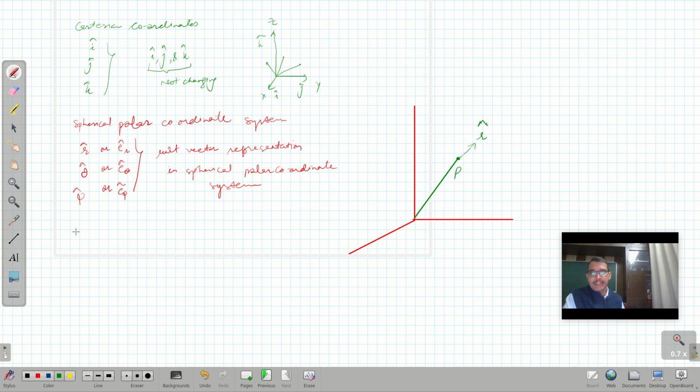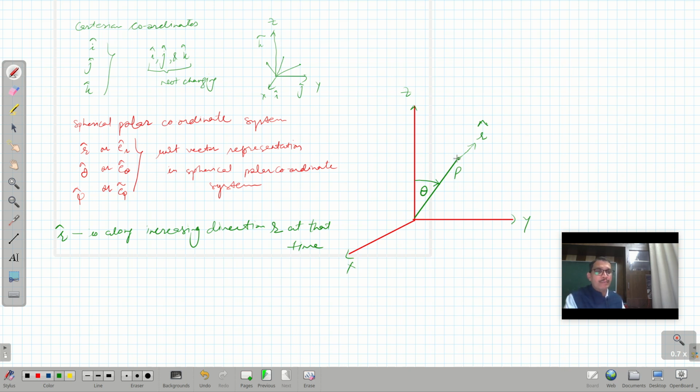So what is r cap? r cap is along the increasing direction of r at that time, at which I am looking at the particle, and say it is making an angle theta with the z-axis. So this is the z-axis, this is the x-axis and this is the y-axis. So it is making an angle theta.